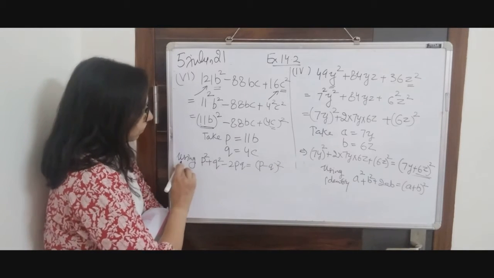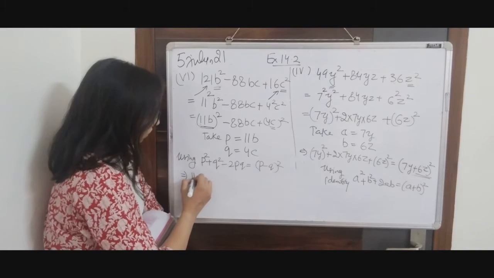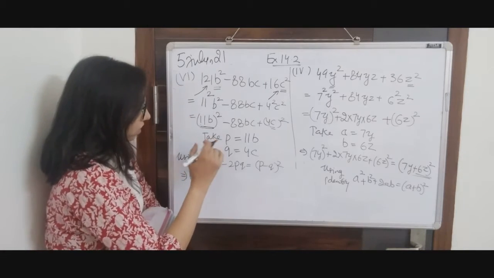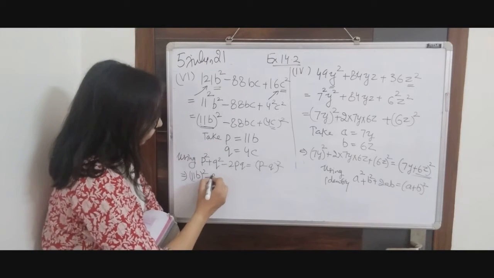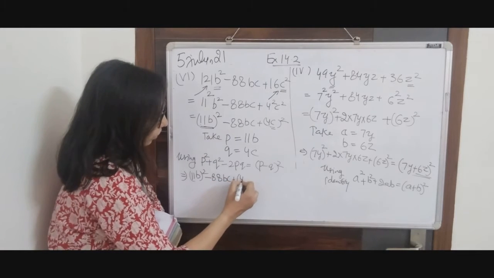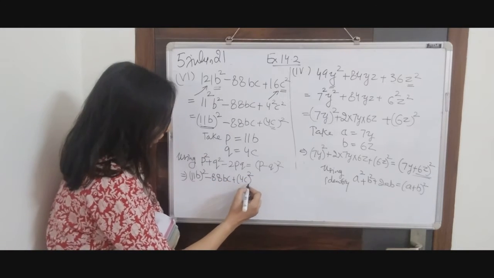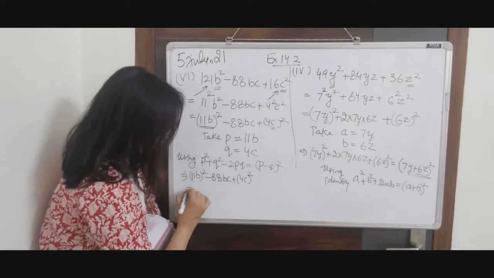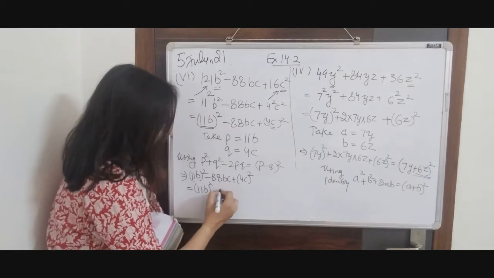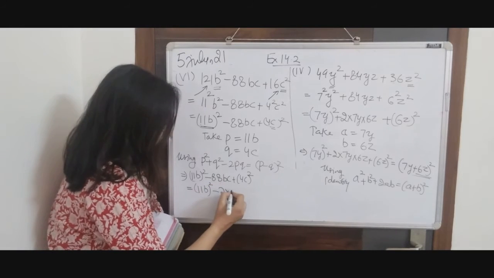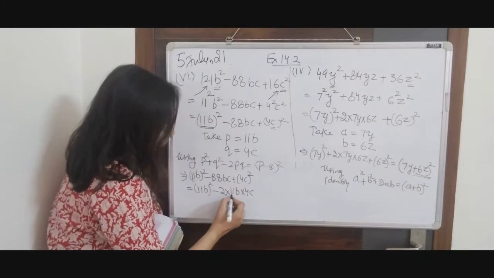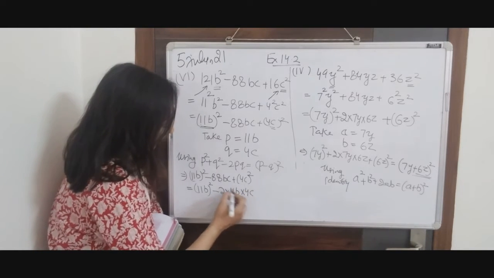Here your expression was (11b) square minus 88bc plus (4c) square, which is equal to (11b) square plus (4c) square minus 2 into 11b into 4c. 2 into 11 is 22, into 4 is 88, and bc.